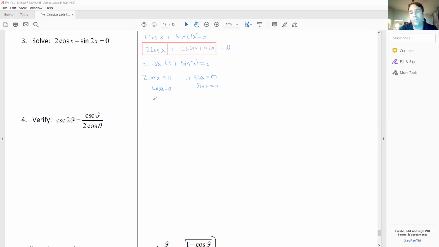So we ask ourselves, when is cosine x equal to 0? That happens at pi over 2 plus 2 pi n. And we are also going to end up with 3 pi over 2 plus 2 pi n.